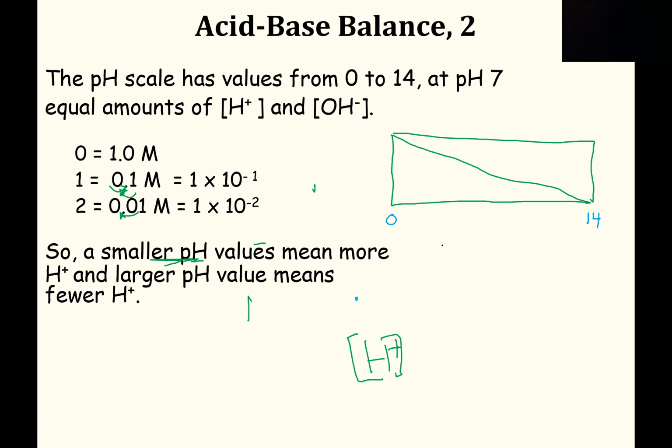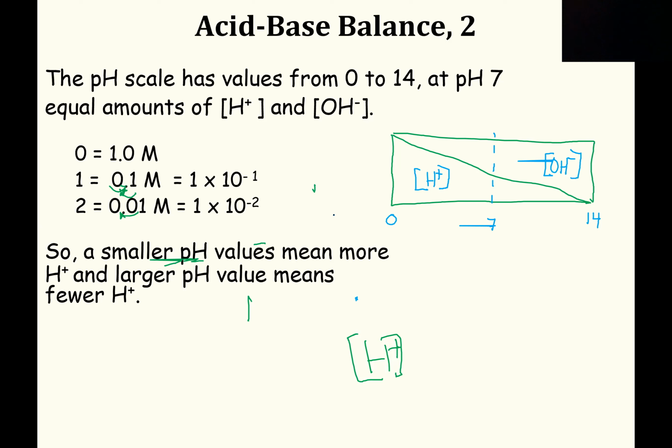In the middle, you have 7. So you need to put a dotted line down the middle. We're going to label this box the concentration of hydrogen ions, and this box is the concentration of hydroxyl ions.